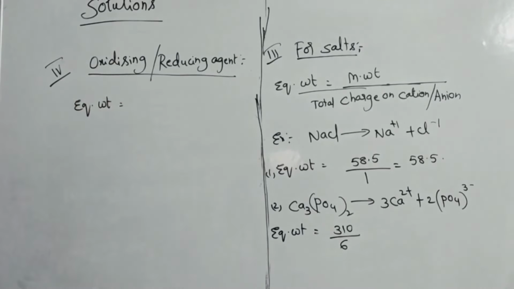First question: what volume of 0.8 M solution contains 0.1 mole of solute? Molarity is given here as 0.8 M. This is the question that is asked.